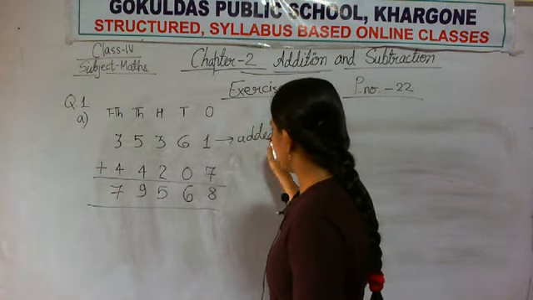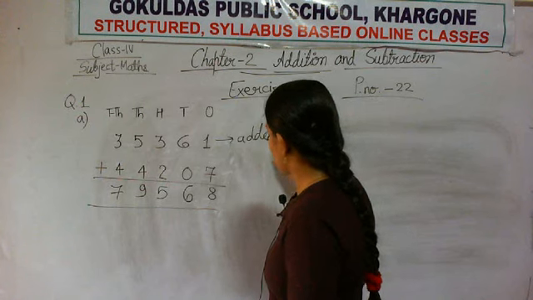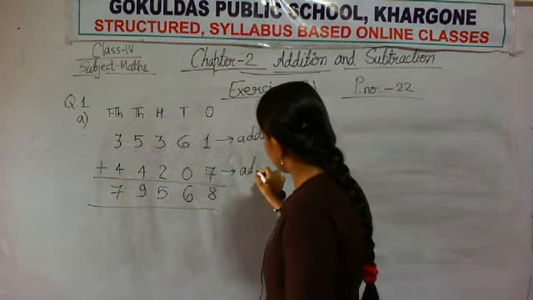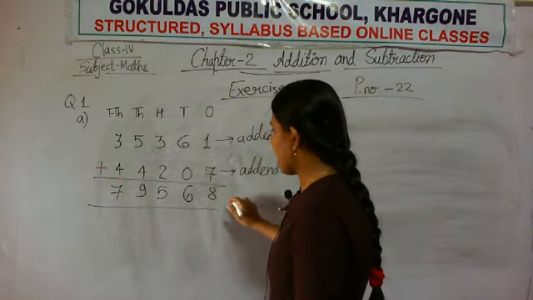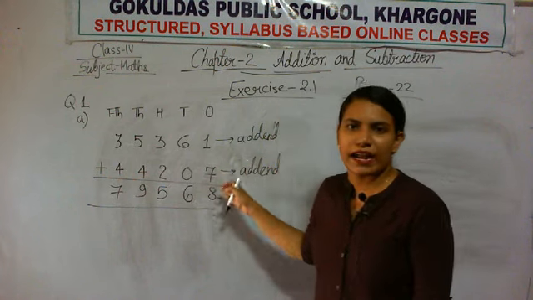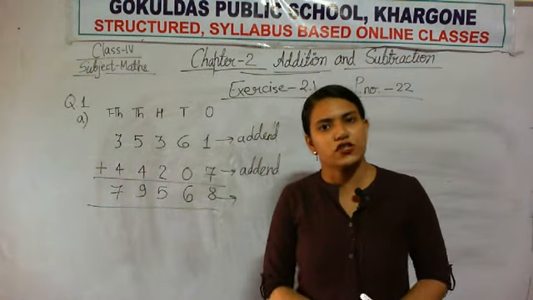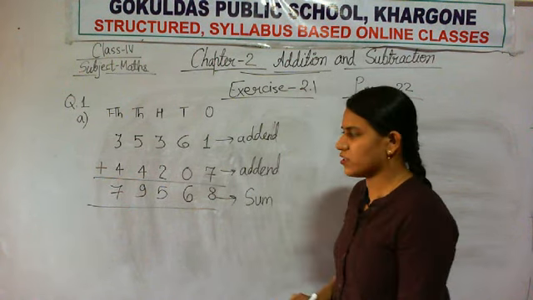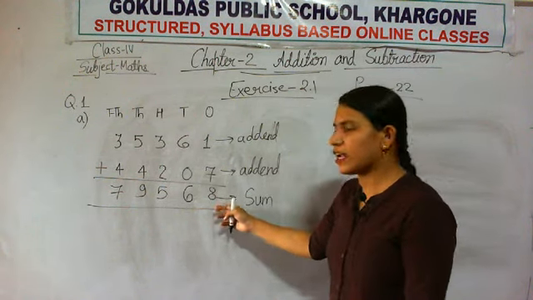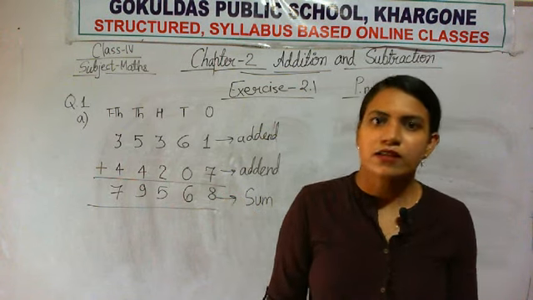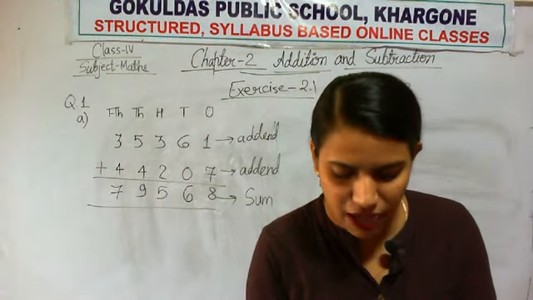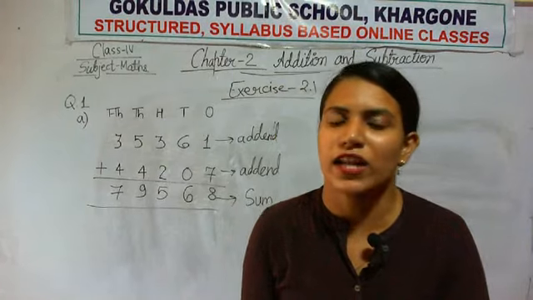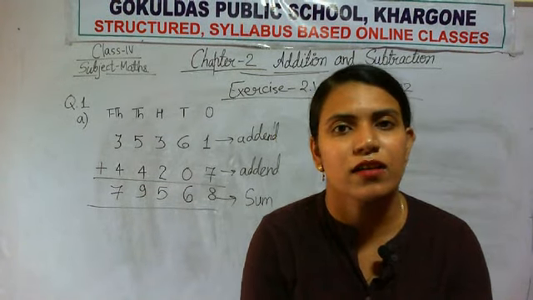Addend. Addend, and the result of addition is called what? Sum. The result of addition is called sum. It is your result and it is called sum. Be remember this. We have done the first question. You have to do this question number 1 in the book itself.